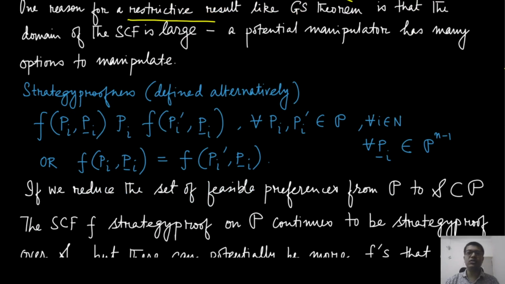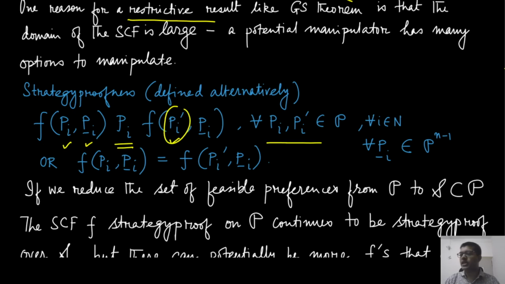So for that, let us look at the condition of strategy proofness more closely. What does strategy proofness say? If player i has this preference ordering Pi, then if the player reports Pi truthfully, and other players report whatever they want, the player should always be better off by reporting truthfully rather than reporting something else, which is Pi prime.